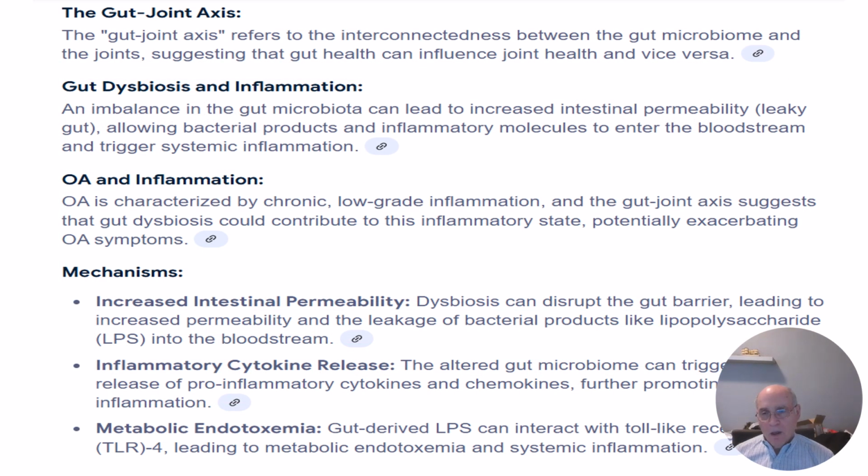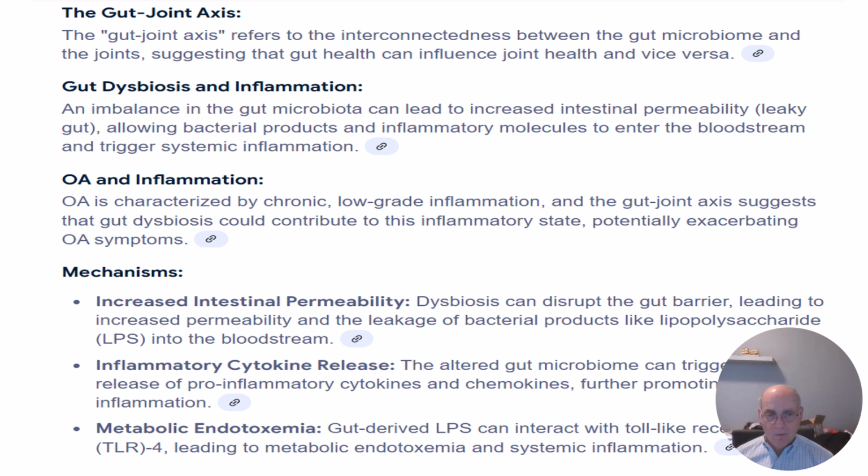So I found this, and just to show you how does dysbiosis affect the gut joint, which we should be concerned about as chiropractors, if you are a chiropractor, the interconnection between the gut and joints leading to inflammation, gut dysbiosis and inflammation, you should be aware of. OA and inflammation, so osteoarthritis, which is not a true inflammation.